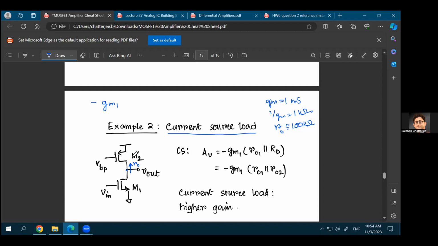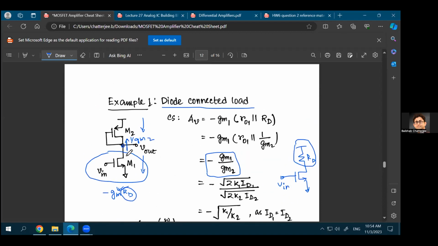Now, in this case, you have to consider RO, and RO is much, much larger than 1 upon GM. In the previous case, it was also true. There was an RO of this M1 transistor as well, which we can call RO1. And the resistance looking up was 1 upon GM2. Now, 1 upon GM2 was much, much smaller than RO1, right?